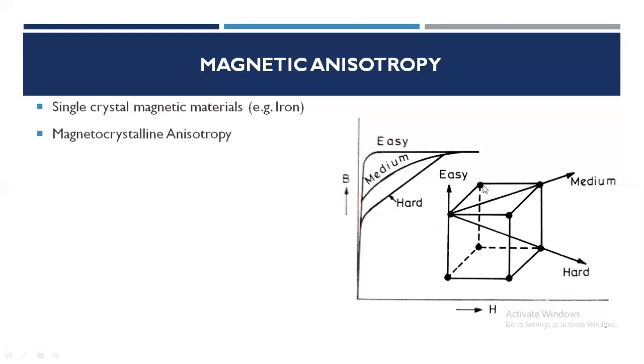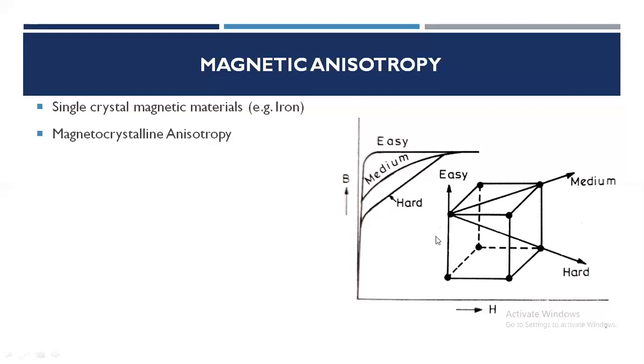In this figure, you can see a cube, which is a cubic crystal structure, shown with the easy directions, medium directions, and hard directions. You can judge which one is easy, which is medium, and which is hard.